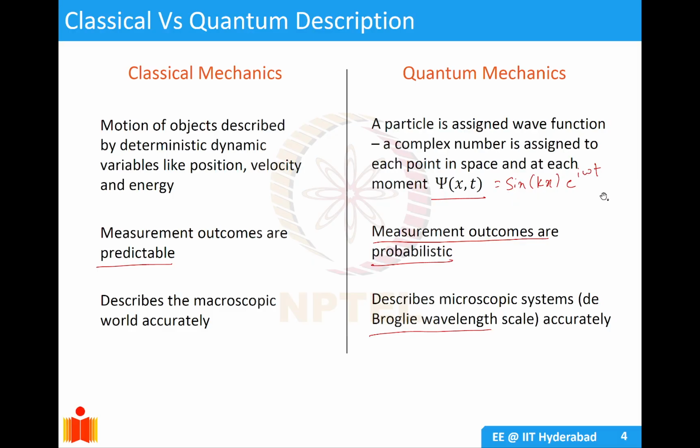This is just one example of a wave function. In classical mechanics, the outcomes are predictable, whereas in quantum mechanics the outcomes are probabilistic. And so classical mechanics is mainly used to describe the macroscopic world, whereas for the microscopic world, where we reach the de Broglie wavelength scale, we use quantum mechanics.